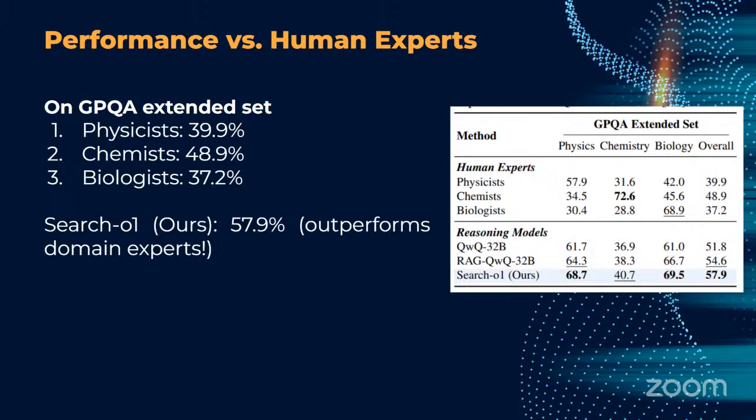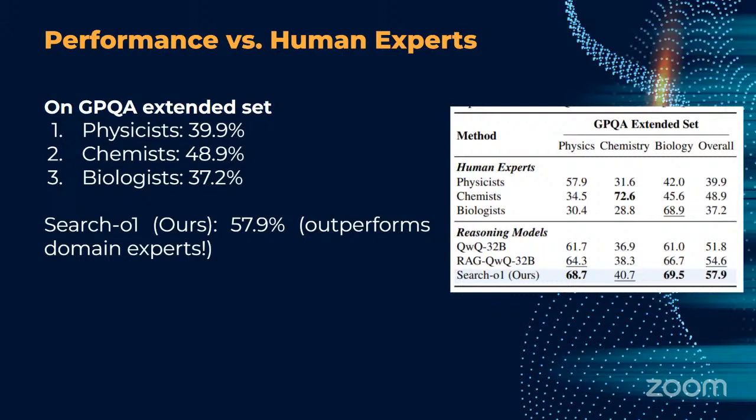When we compare to the human experts, we can see for the GPQA, physicists scored 39.9%, while chemists scored 48.9%, and biologists scored 37.2%.